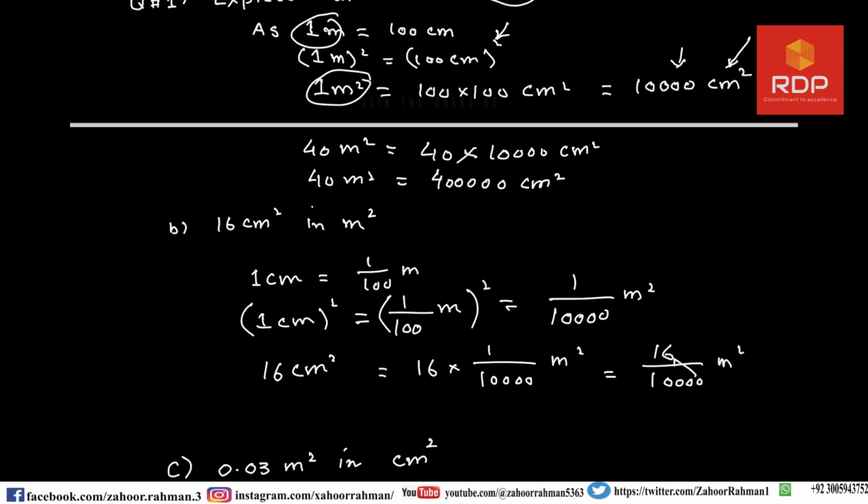Now this 0 will be for this and this 1 will be for this. For this we have to put 1 zero, for this another zero and for that 1. So it will be equal to 0.0016 meter square. And that's it.